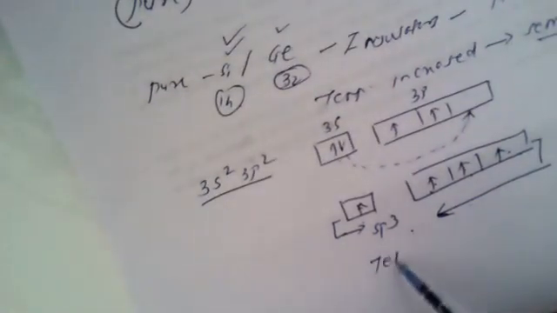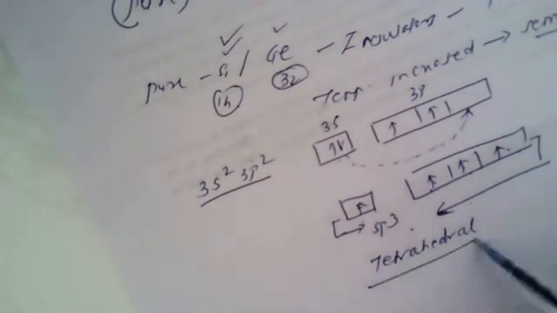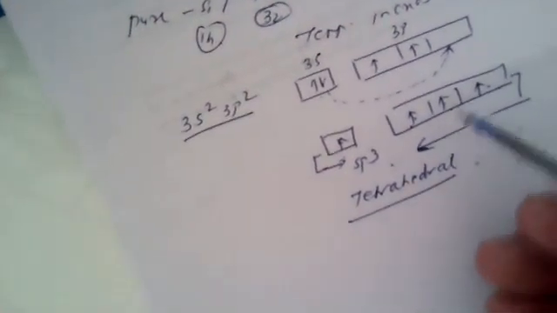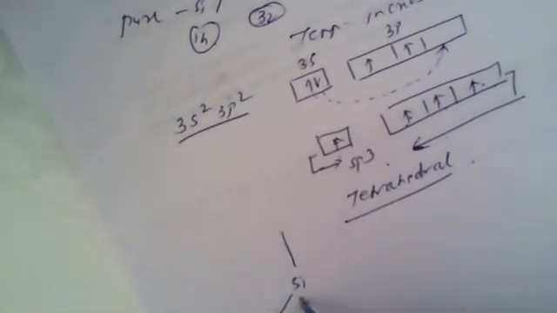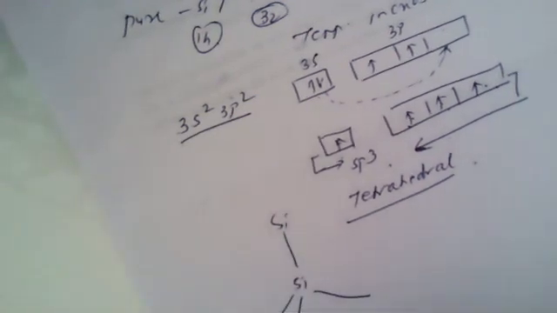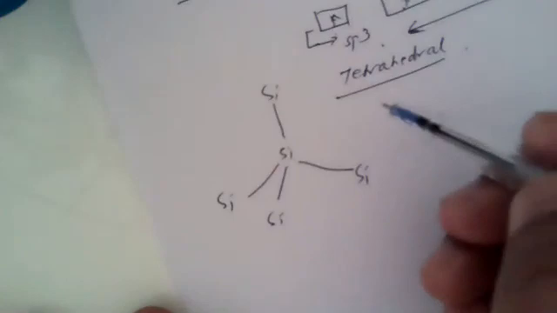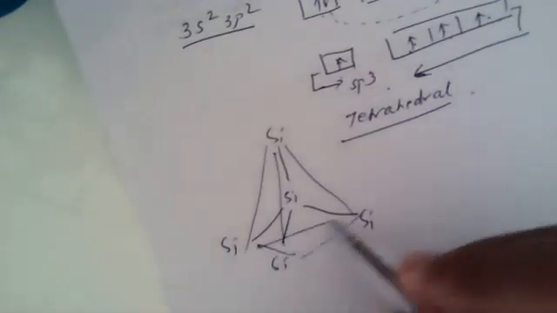So as we know, whenever there is sp3 hybridization, the geometry must be tetrahedral. So here the tetrahedral geometry can be shown like this, where this silicon is surrounded by 4 silicon atoms. This is known as a tetrahedral geometry.